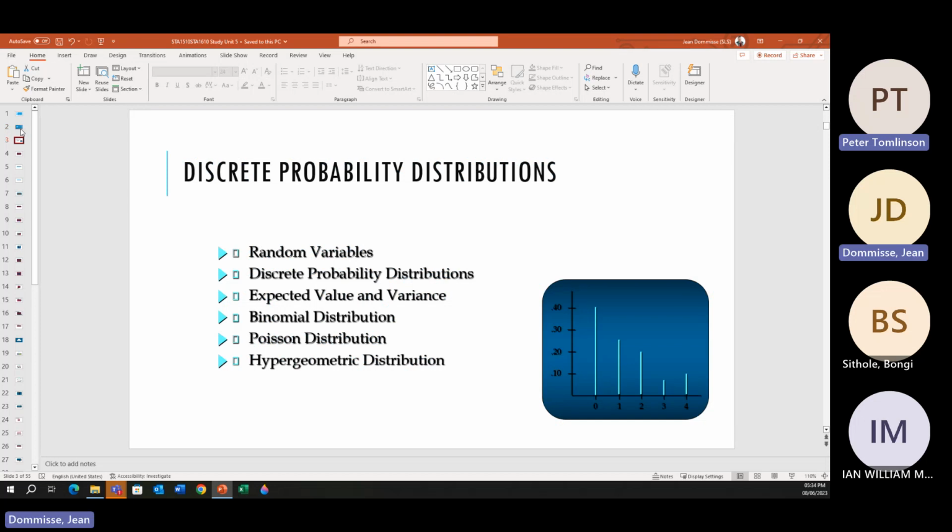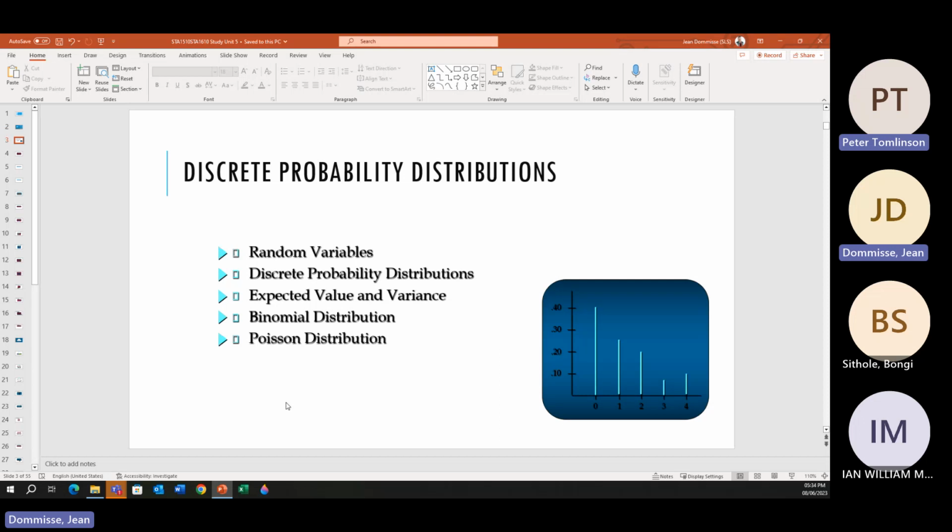Okay, so when we look at discrete probabilities, let me take this last one out because you guys are not doing that anymore. The first part of the study unit focuses on random variables.